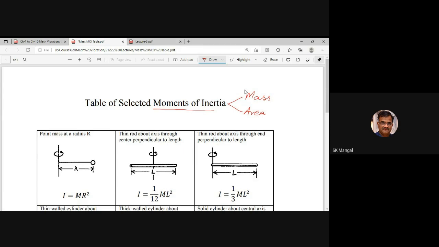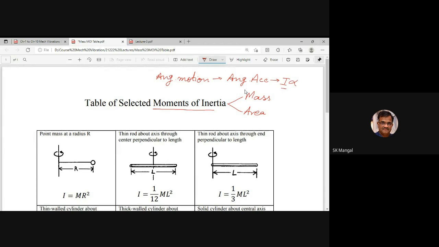So basically in the vibration analysis, whenever you are having an angular motion, then we need to find the angular acceleration, which is nothing but I alpha.